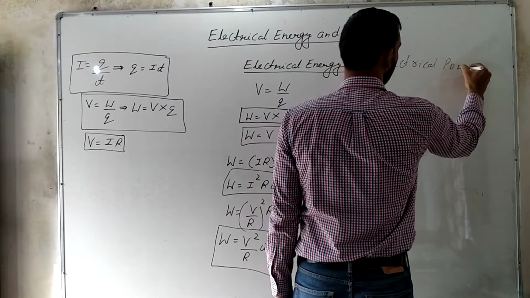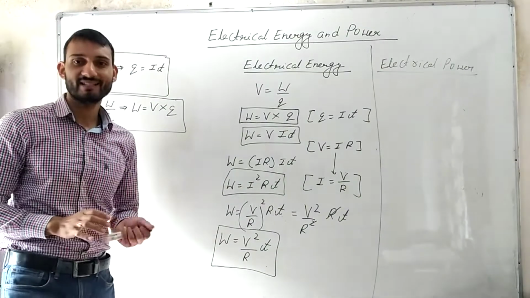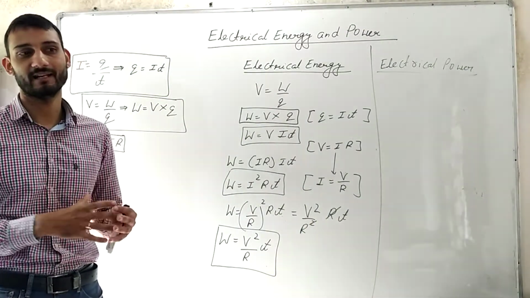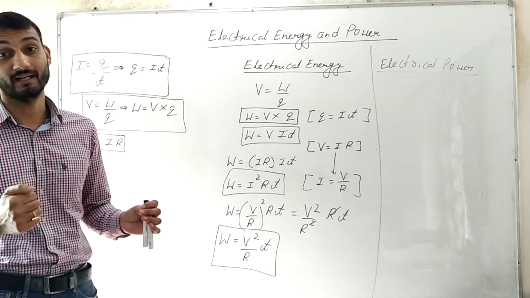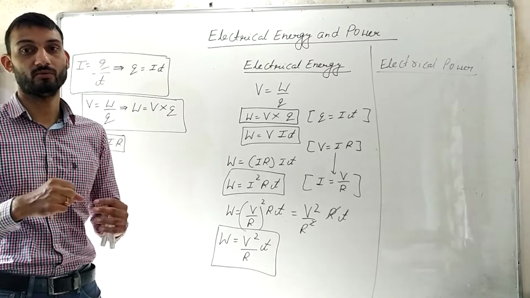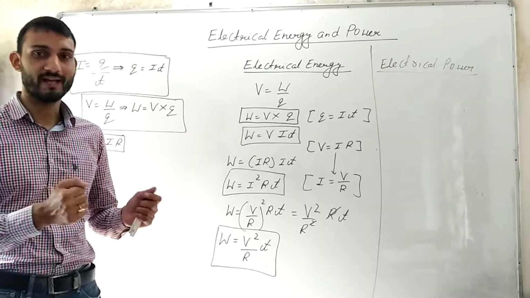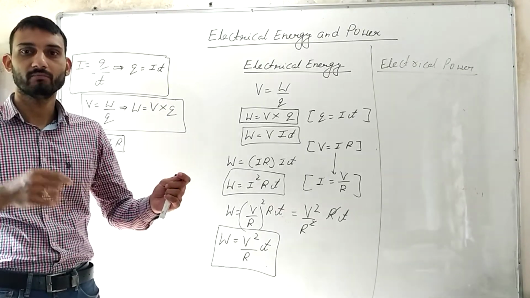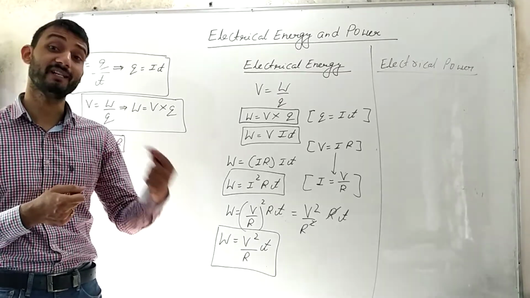Electrical power. So whenever electrical energy is there and you use a heater, geyser or any kind of electrical appliance, electrical iron to press your clothes, this electrical energy, because of the resistance of that electrical appliance, gets converted into heat energy.